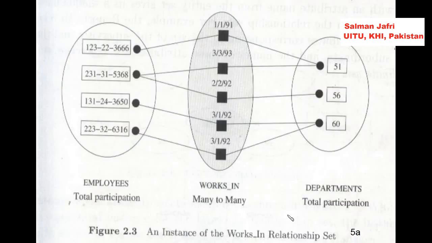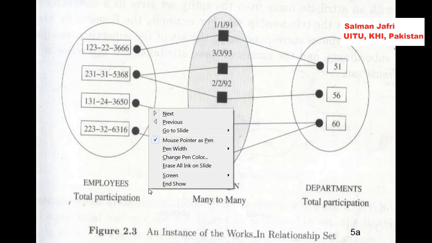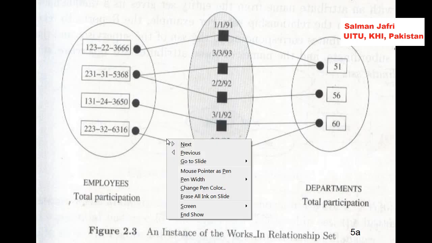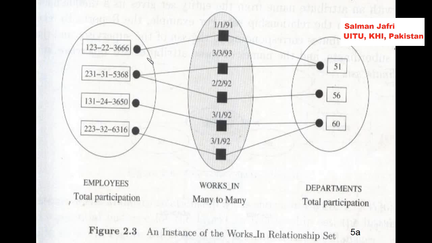Let's look at the other aspect. Now let me put the mouse pointer as a pen. One employee can work in many departments. This employee worked in this department on this date. This same employee worked in this department on this date. So it is 1-to-many from the point of view of employees to departments.